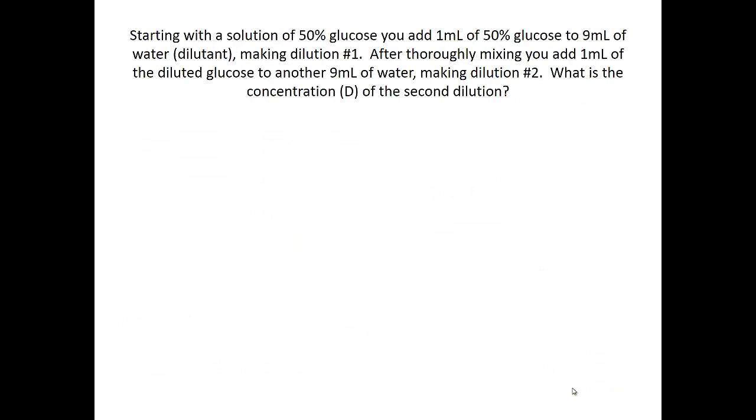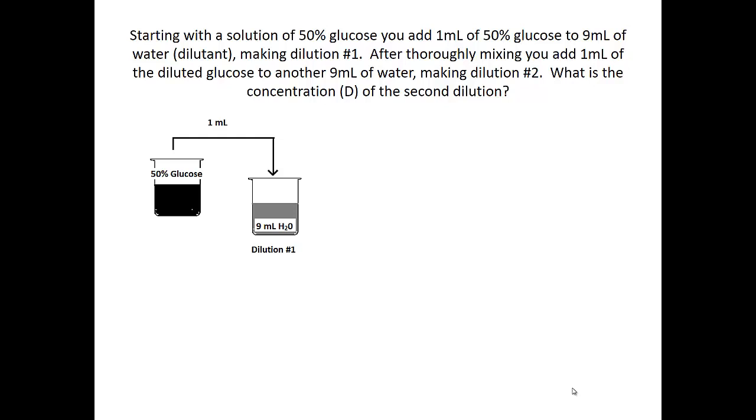This next one is a two-part dilution, a basic serial dilution. So we're going to make a dilution of a dilution. In this one it says starting with the 50% glucose, you add 1 ml of 50% glucose to 9 mLs of water, diluent. And that's going to give us our first dilution.